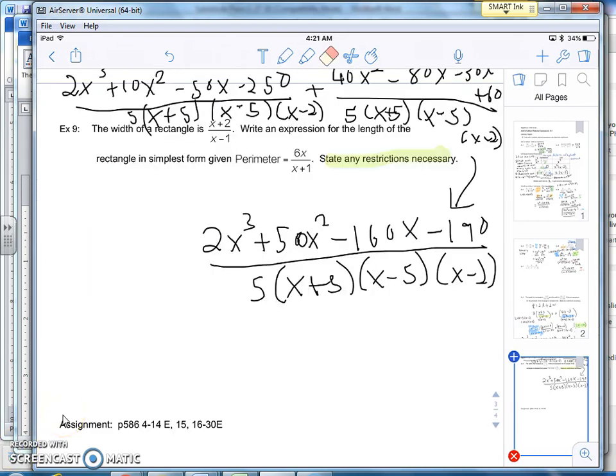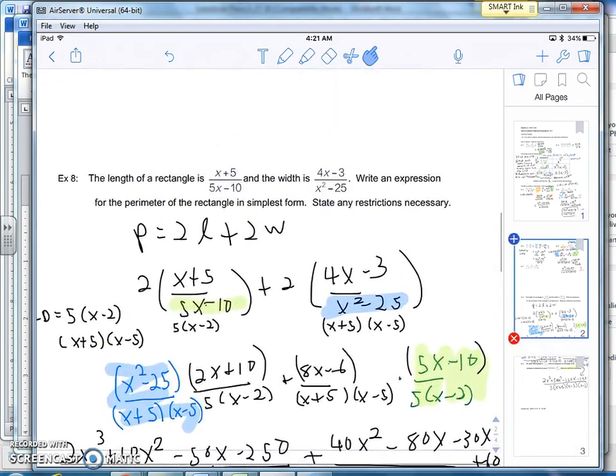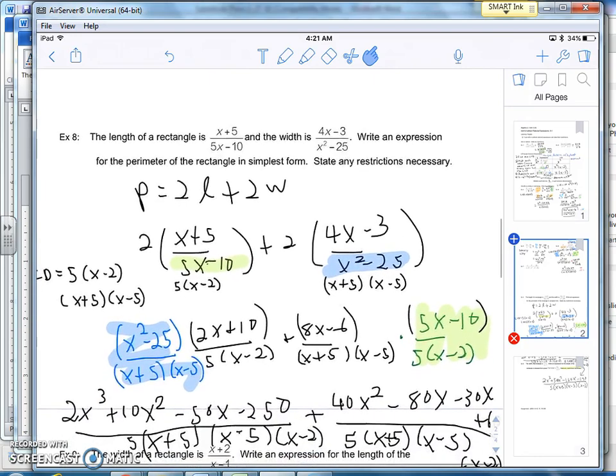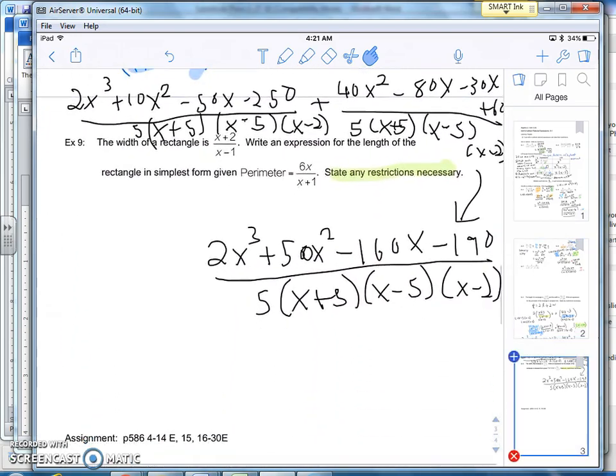Alright, the directions end with where it says state any restrictions. Because this is a word problem, there are some extra issues related to the length needing to be positive and the width needing to be positive. Unfortunately, or fortunately for you, I only have a minute left on this video, so that discussion takes a little more than a minute.